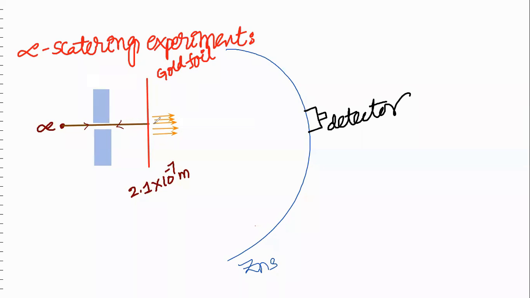Here, if the target nucleus is there, scattering will take place. Then we calculate the scattering angle, impact parameter, and the distance of the closest approach.